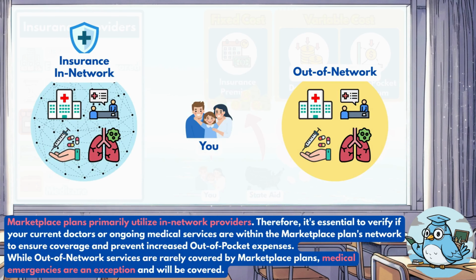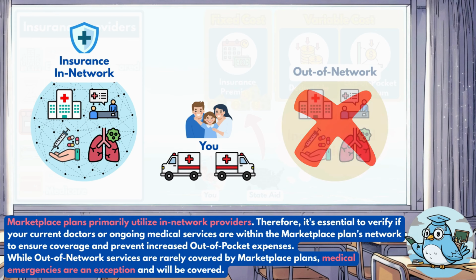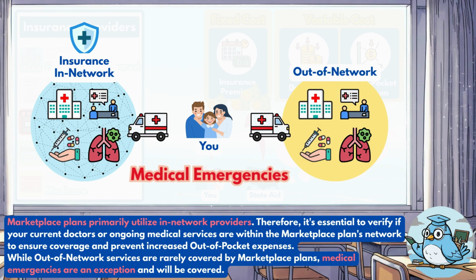Marketplace plans primarily utilize in-network providers. Therefore, it's essential to verify if your current doctors or ongoing medical services are within the Marketplace Plans network to ensure coverage and prevent increased out-of-pocket expenses. While out-of-network services are rarely covered by Marketplace Plans, medical emergencies are an exception and will be covered.